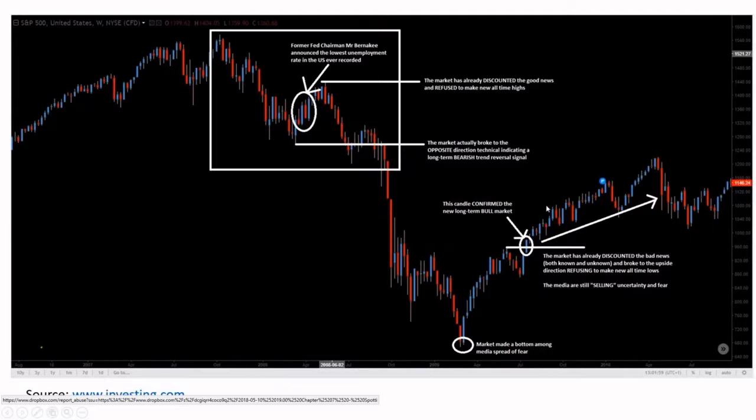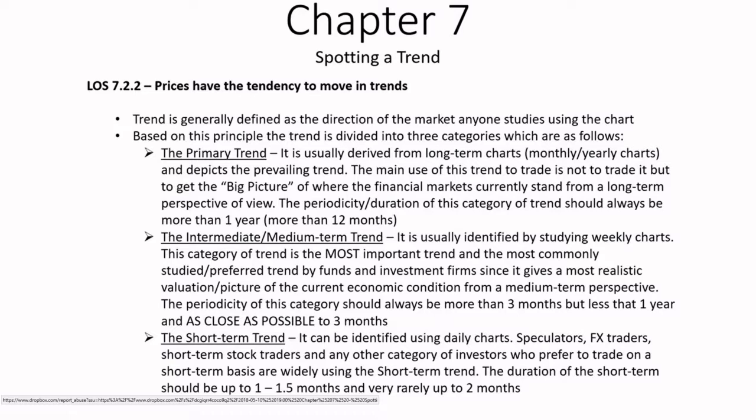In the second section, we will move on and look at what categories of trend we have. So what is trend? Trend is generally defined as the direction of the market that anyone studies using the chart. Based on this principle, the trend is divided into three categories. We have the primary trend, or the major trend.